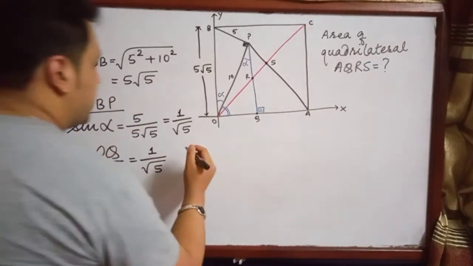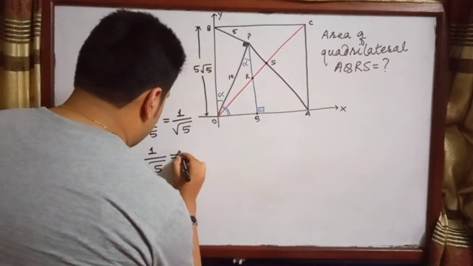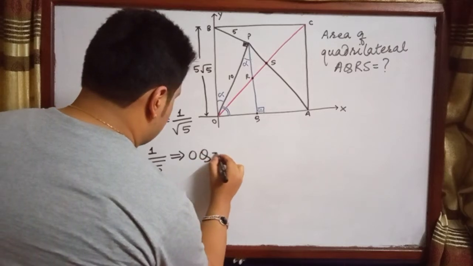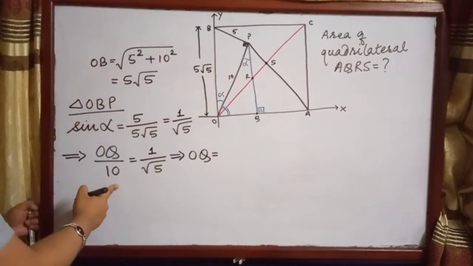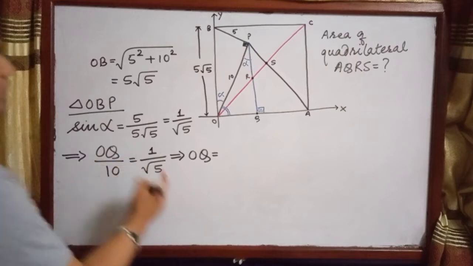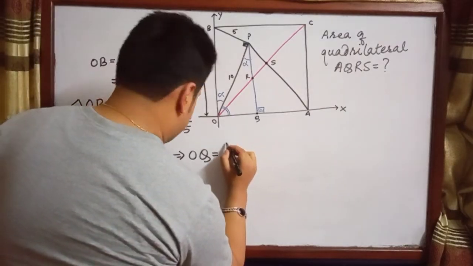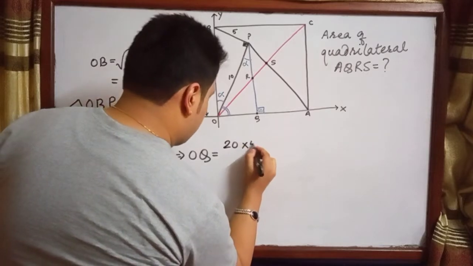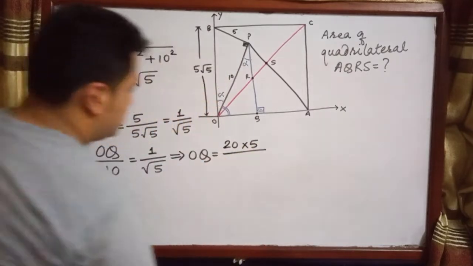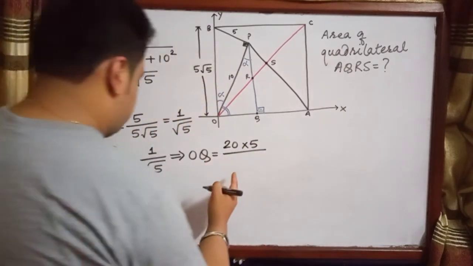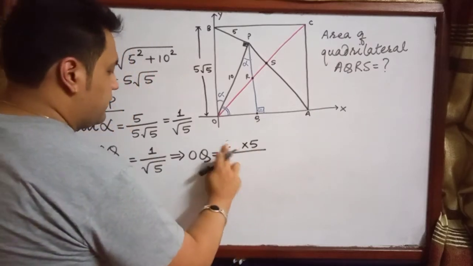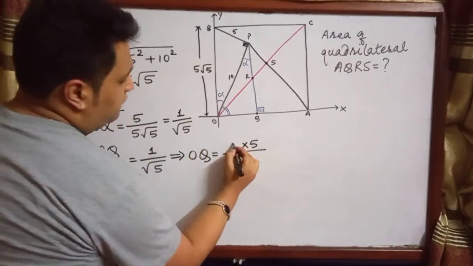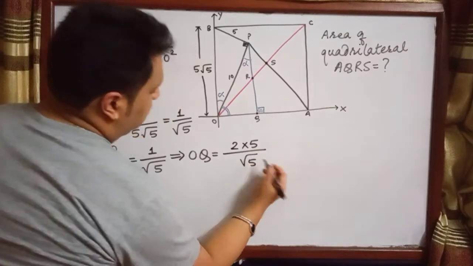So what we get is OQ is equal to 10 over root 5, which is 2 into 5 over root 5, which is 2 root 5.